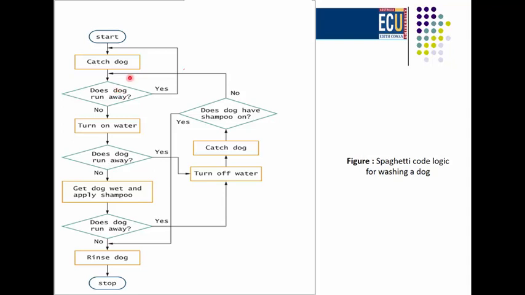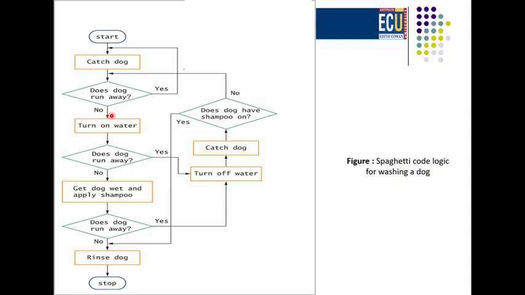If an arrow comes back to a diamond, this shows a loop, that this decision is a condition for a loop. Okay, and we discussed this in the last lecture.